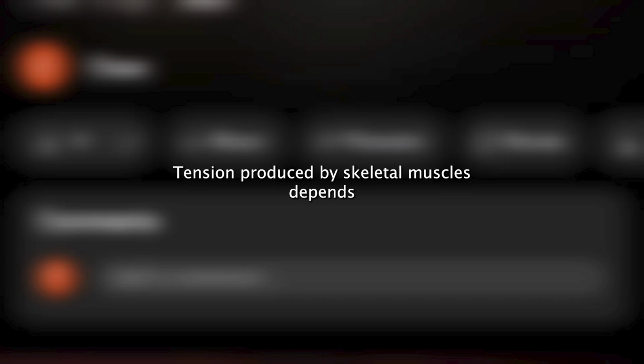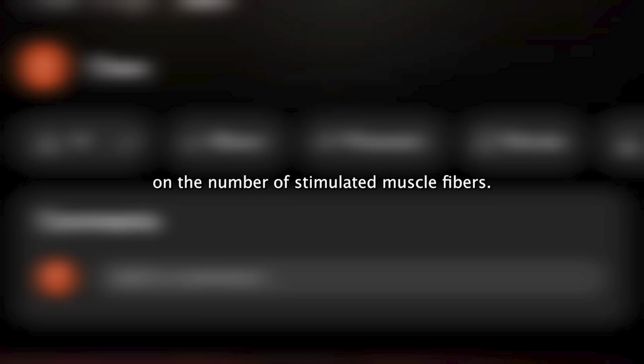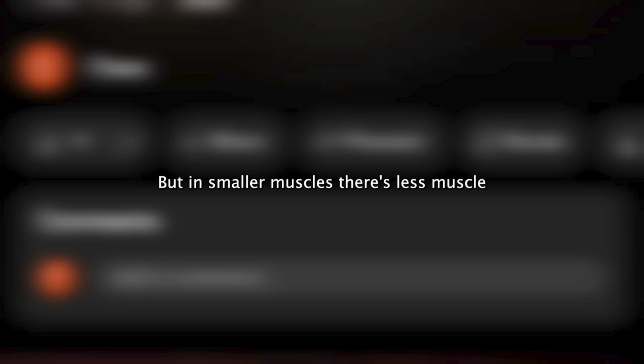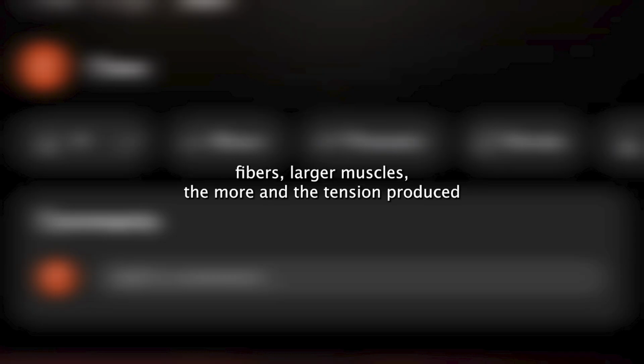Tension produced by skeletal muscles depends on the number of stimulated muscle fibers. Now, somebody asked earlier, is there a set number of muscle fibers? It varies from individual to individual, but in smaller muscles, there are fewer muscle fibers. In larger muscles, there are more.